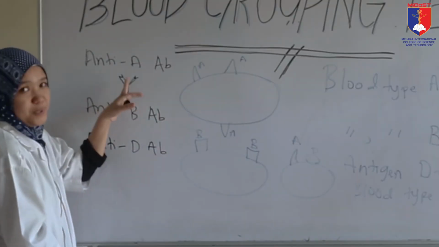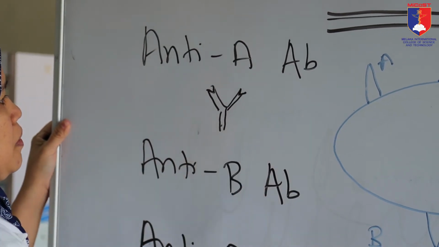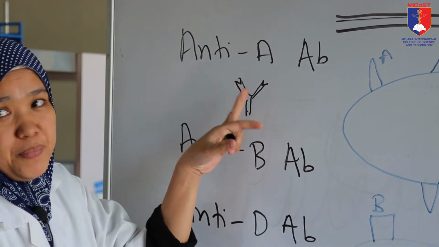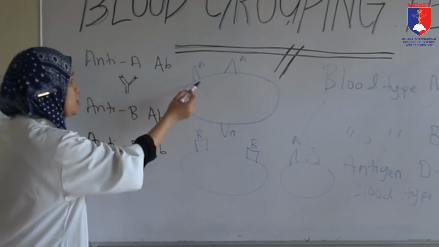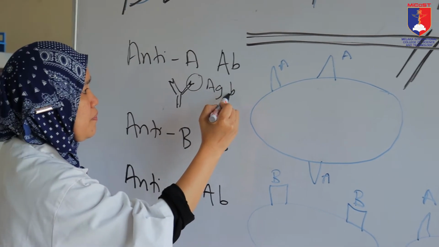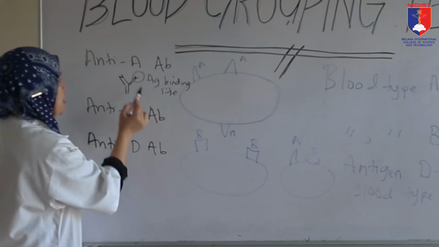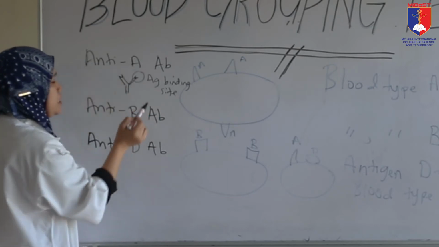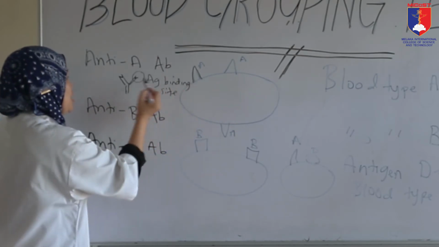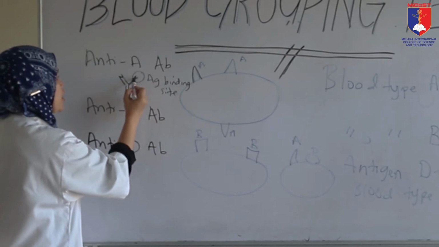This is the structure of anti-A antibody, with a Y structure and a site for antigen binding. The antigen binding site has a specific triangular shape, so the antigen binding site for this anti-A antibody is also triangle shaped.